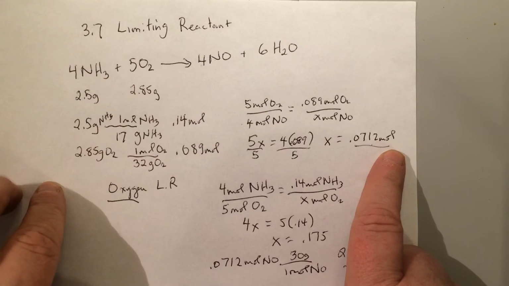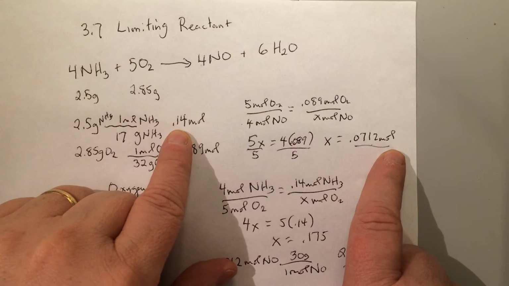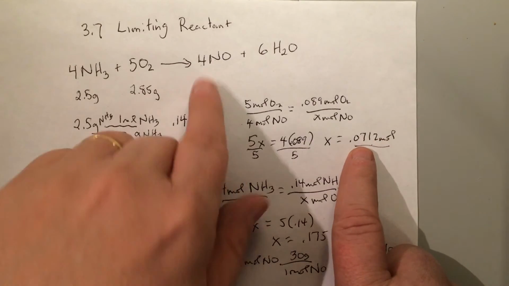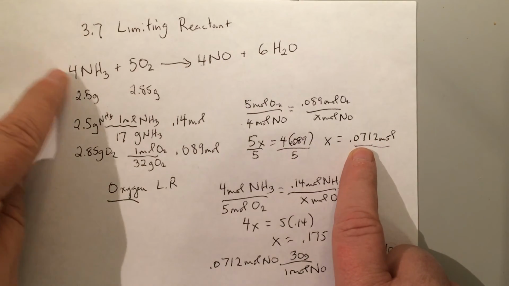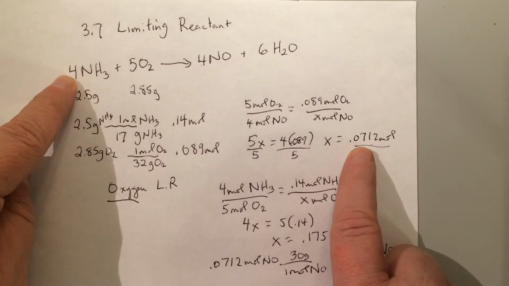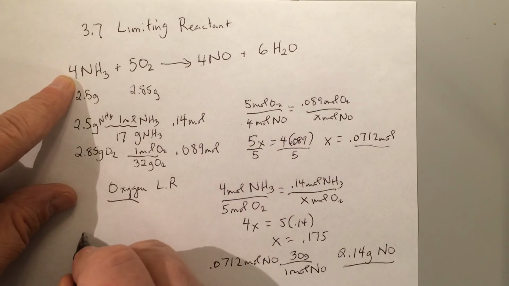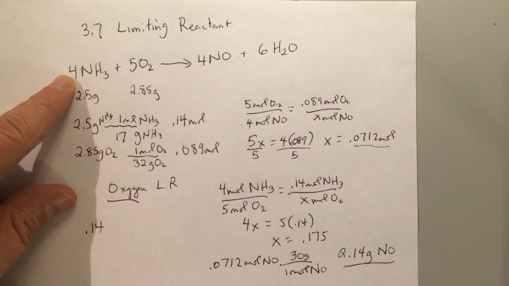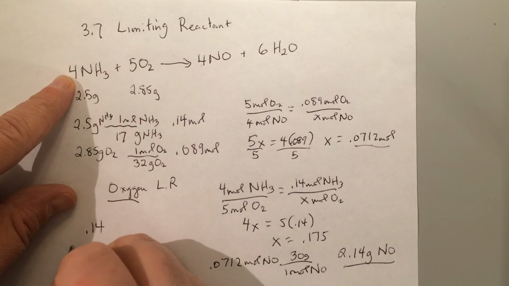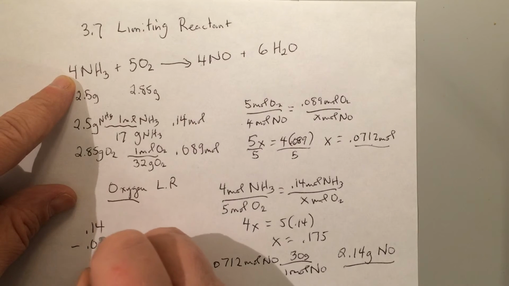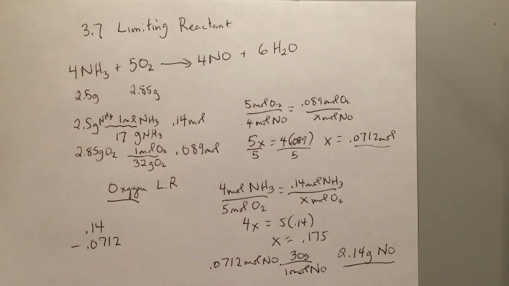How much did we have? We had a full 0.14 moles. So if this one was 0.0712, that means it required 0.0712 to make. So this is how much we had, 0.14 moles, and we're going to only use 0.0712 moles. How many moles of that is left?